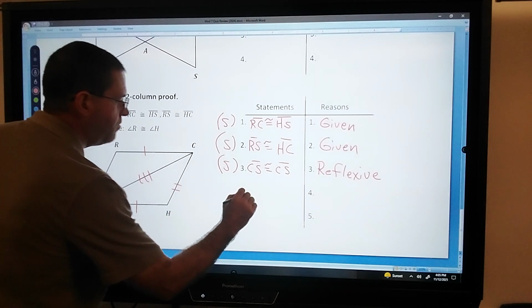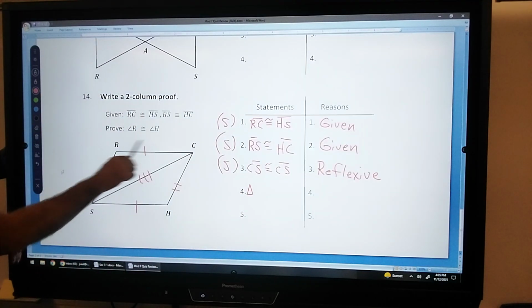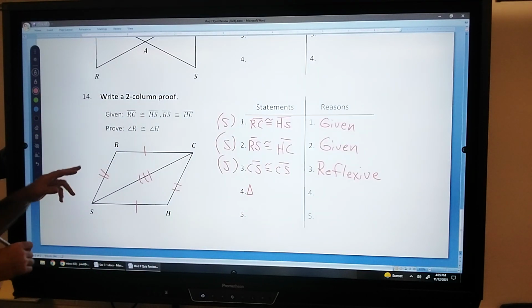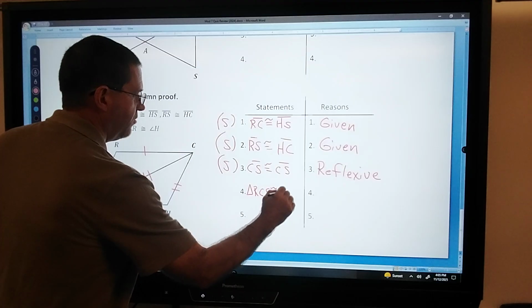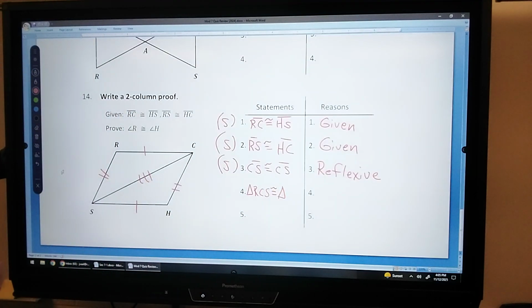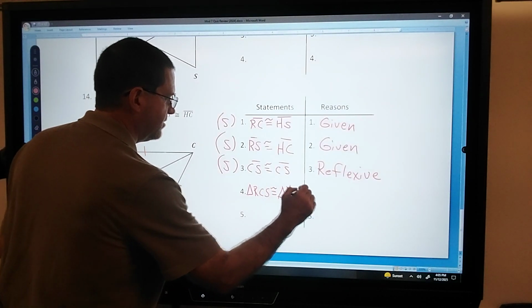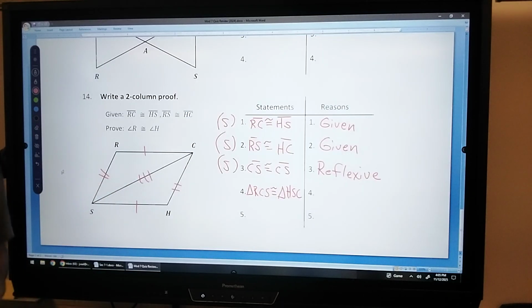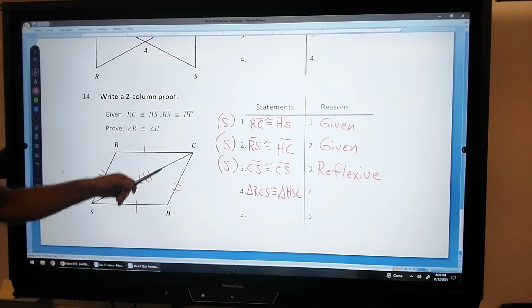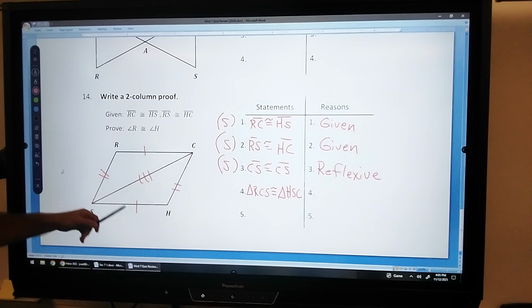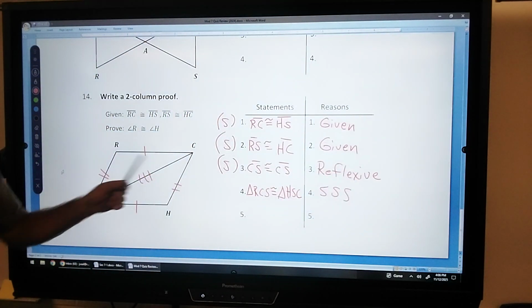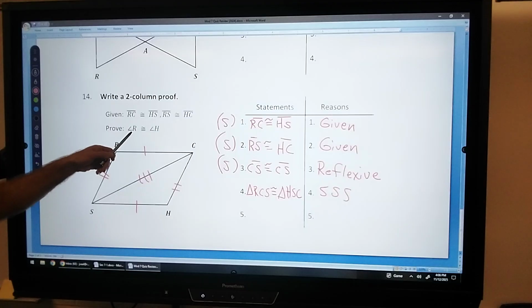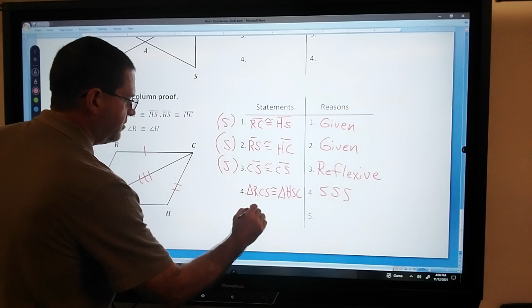So, step number 4, name the triangle on the top, RCS, is congruent to triangle, and R matches up with H, and then SC, so HSC would match up with the top one. One of our 5 ways to prove triangles congruent, side, side, side, that goes there. And the same thing with the proof above. What you're asked to prove is always your last statement.